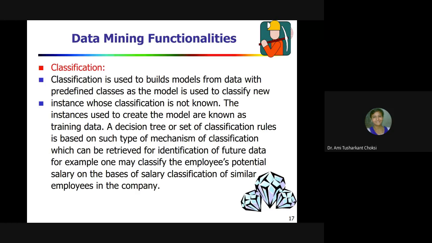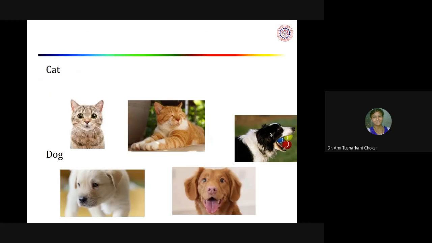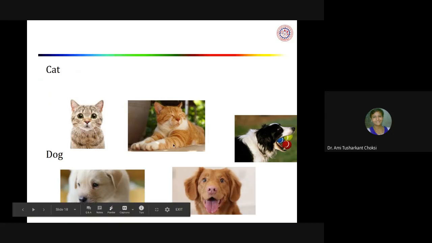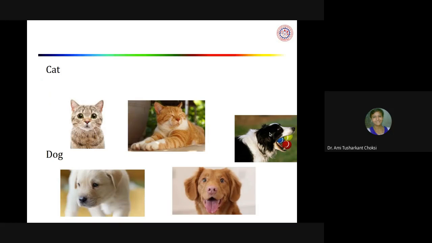And based on that, we have built the model which is used to classify the new instance whose classification is not known for this particular photo. That is the dog, but that photo was not there in the training. Now, when we are giving this, it should be able to classify that this is a dog, right?